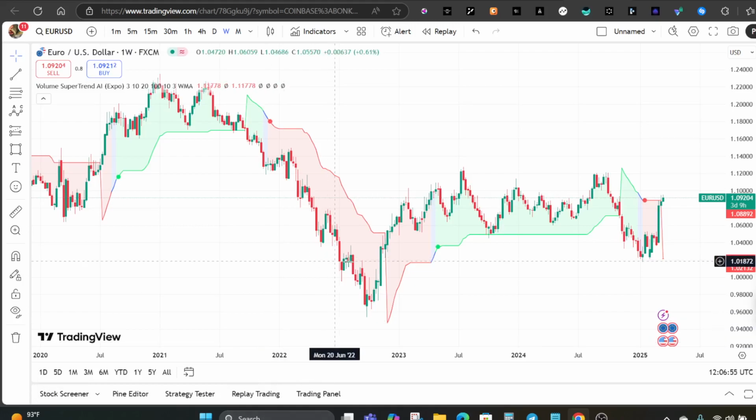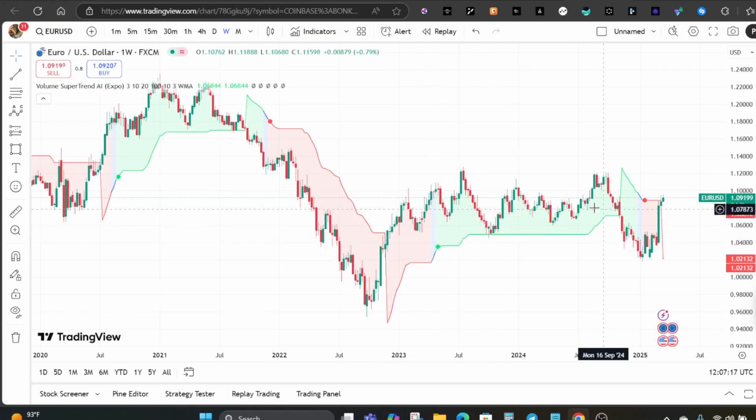Now, the Volume SuperTrend AI is an upgraded version of the classic SuperTrend indicator. While the traditional SuperTrend uses average true range calculations to determine trends, this advanced version integrates trading volume and AI techniques for even better accuracy. So here's what makes it different.